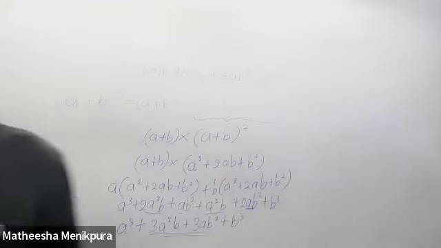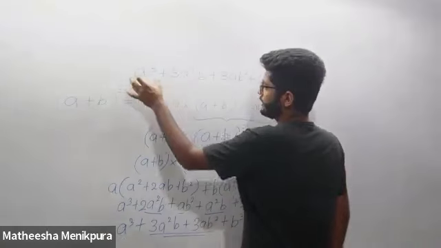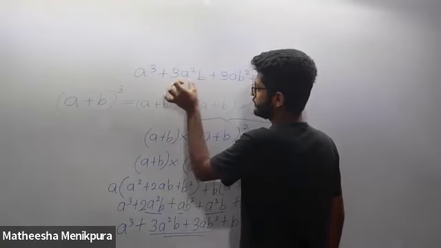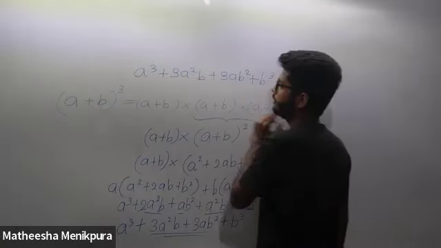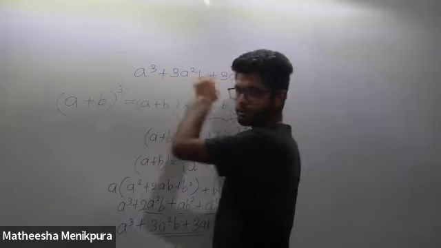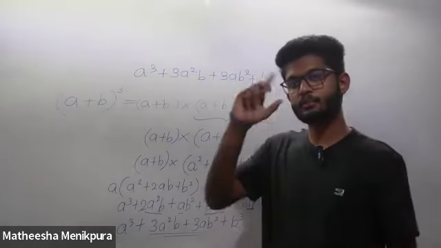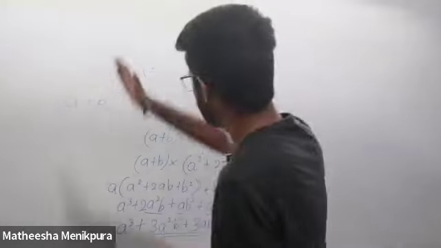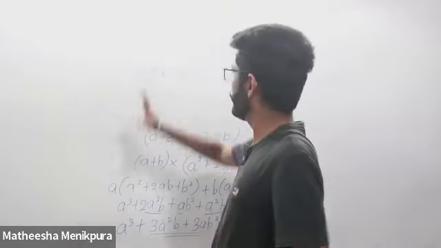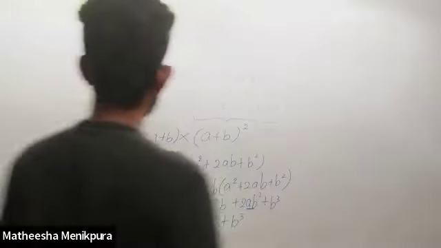Did you notice this one? Look at these a terms. What has happened to the power of a when we are going from this side to this side? Yes, it has been reduced.